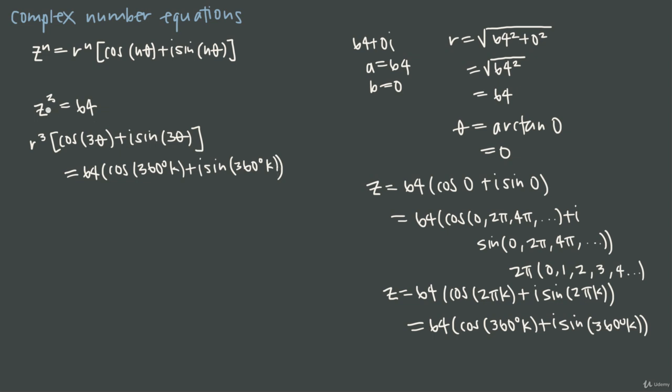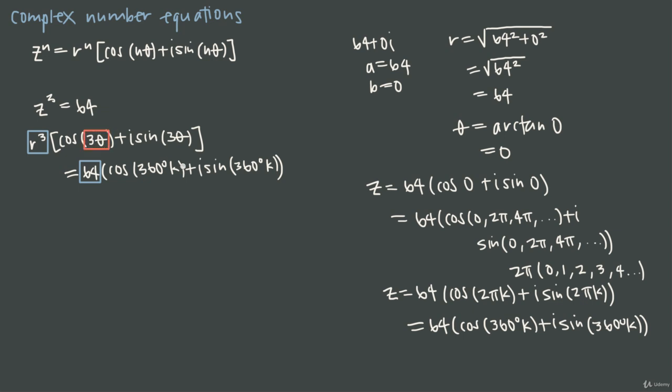And now, replacing both the left and right-hand sides of z cubed equals 64 is really helpful, because what we see is that we have the same format on the left-hand side as we do on the right-hand side. We have this value out in front here on both sides, and on both sides we have cosine of the angle plus i sine of the angle.